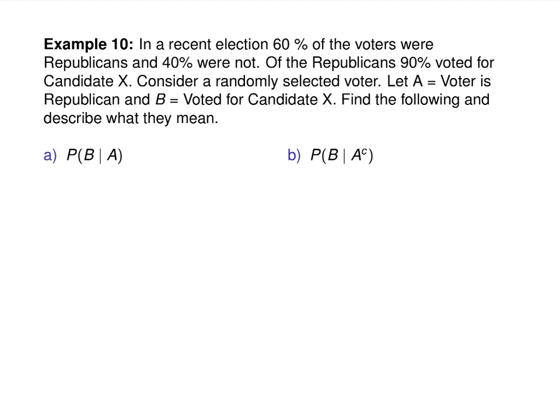Okay, in a recent election, 60% of the voters were Republicans and 40% were not. Notice that not includes both Democrats and independents in this case, because it's not like they're 2 events.